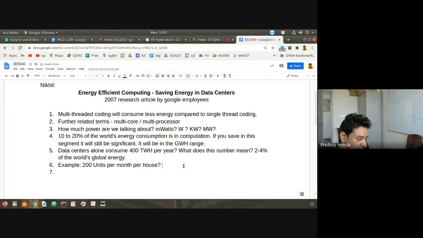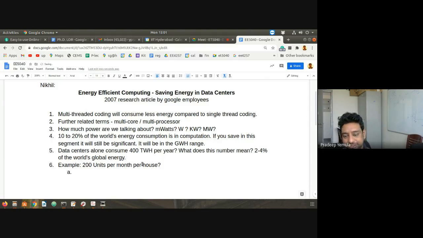What is your electricity bill, and how many units did you consume? Definitely, now that you are doing a course in energy management, the first step of energy management is knowing how much energy you are consuming. So now we'll go with this example, 200 units.